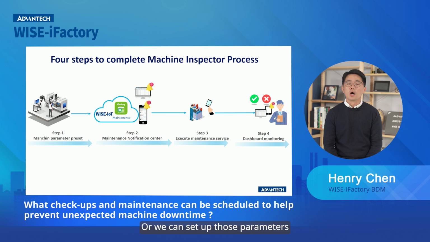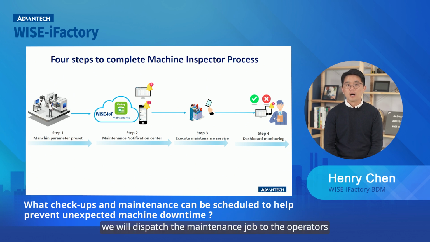Second, step 2, we set up those parameters in the maintenance notifications. For example, our customer would like to count the production output and also calculate how many operation hours it has been running. Also, some key parameters like temperature or spindle rate will be monitored, because they relate to the maintenance behavior. And that's step 2.